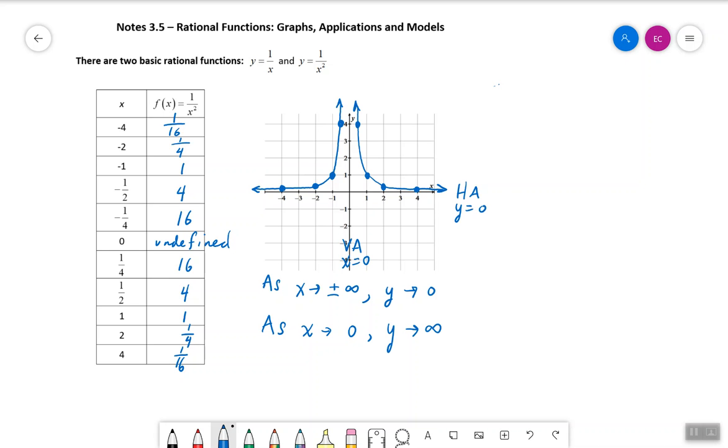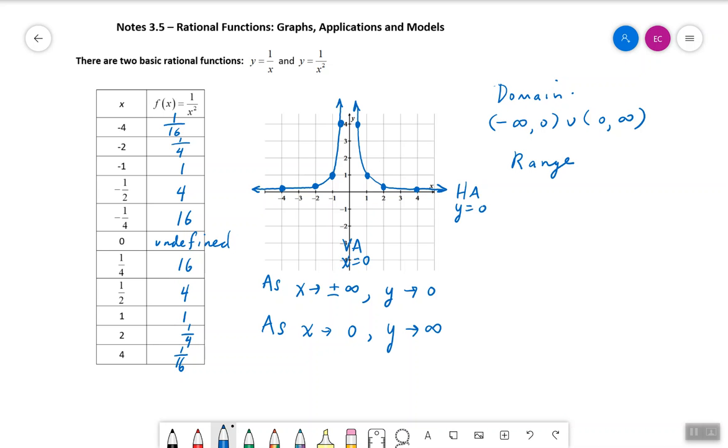Okay, let's go ahead and run through a couple other features of this function. The domain. The domain is all possible x values. We can put any number in for x except for 0. So the domain is all real numbers except 0. And we like to write that in interval notation, so there it is.